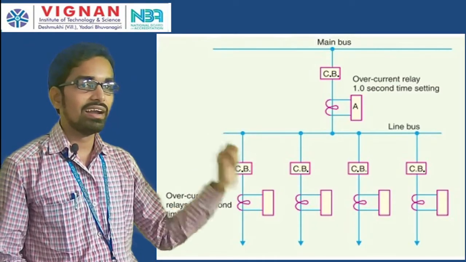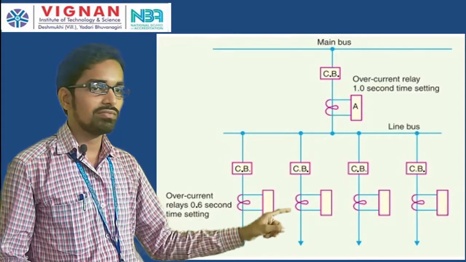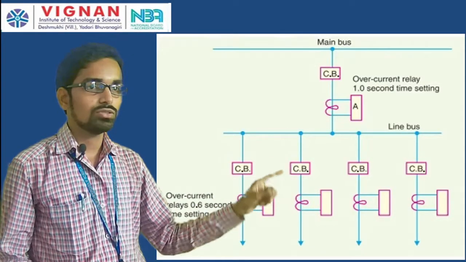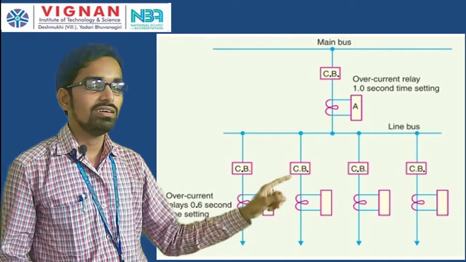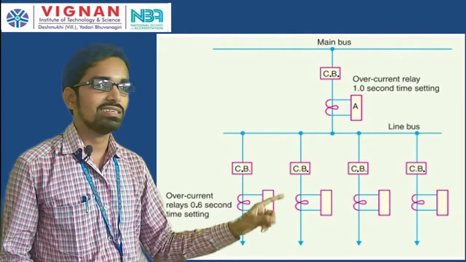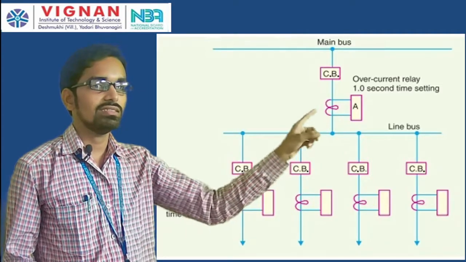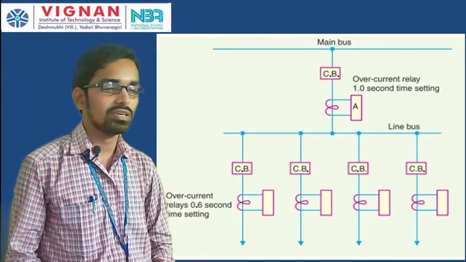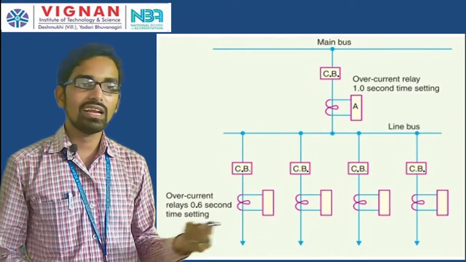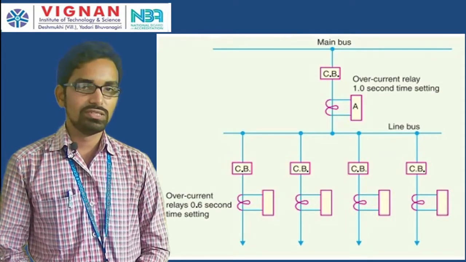That is an unreliable operation. The reliable operation is the operation of the relay in the second line. We have to disconnect only the second line circuit breaker for the fault, that is the necessary action. If this fails, then the circuit breaker in the backup protection will operate, which is an unnecessary or unreliable action we can say. That is the disadvantage.